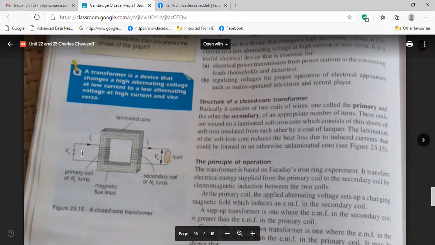So it's changing the direction and it's changing the magnitude. So for this reason we are having a changing magnetic field. We got the basic idea about electromagnetic induction.